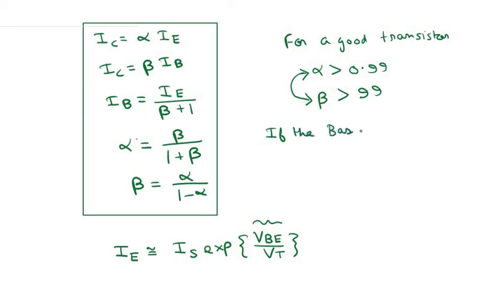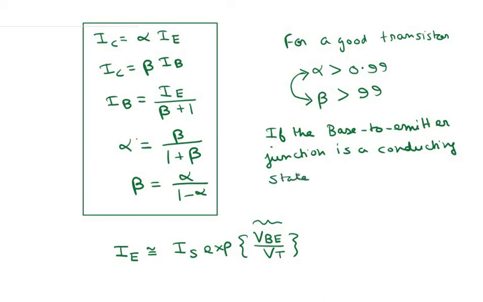then VBE is approximately equal to VBE on, which is equal to V gamma.